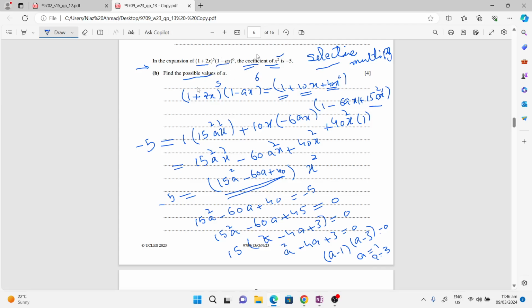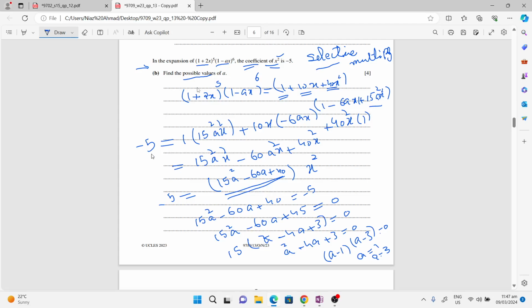I had two brackets in part A and part B. By using your binomial formula, you expand those two brackets, and after expanding these two, I did selective multiplication to get the term of x square, because I was given the coefficient of x square, and that was minus 5.